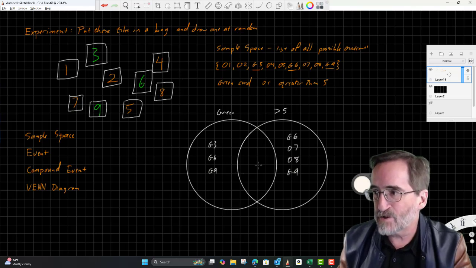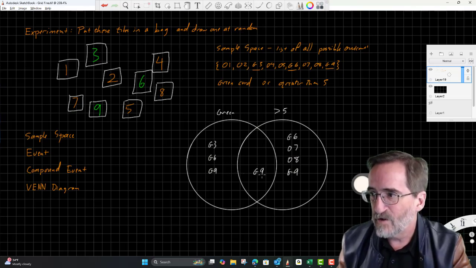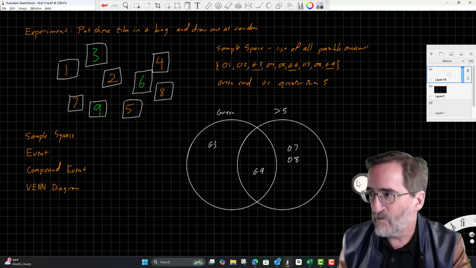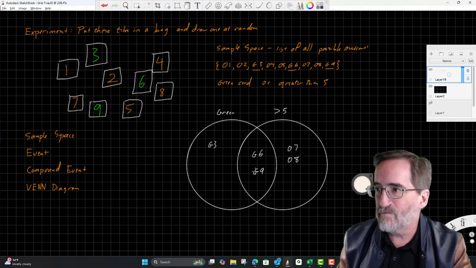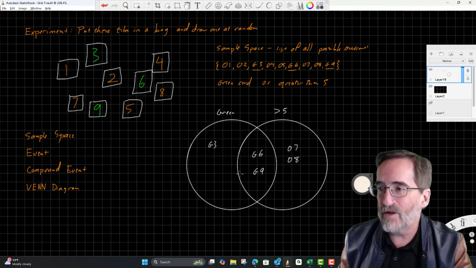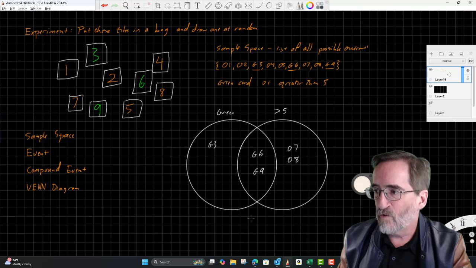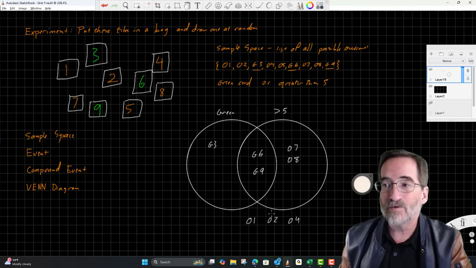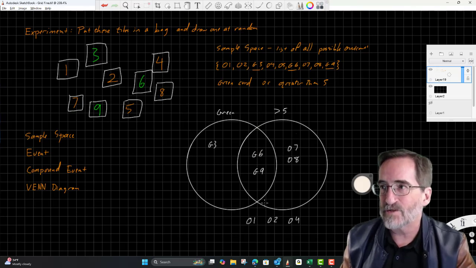Green 9 is listed twice, so I'm going to put that in the intersection and erase it from over here. This is a member of both sets. Green 6 is also in both sets. I'm going to erase it from here and here, and write it in here. Now there are some elements that aren't members of any set. Orange 1 is not included, orange 2 is not included, orange 4 is not included, so they go outside both circles. They're not members of either set.